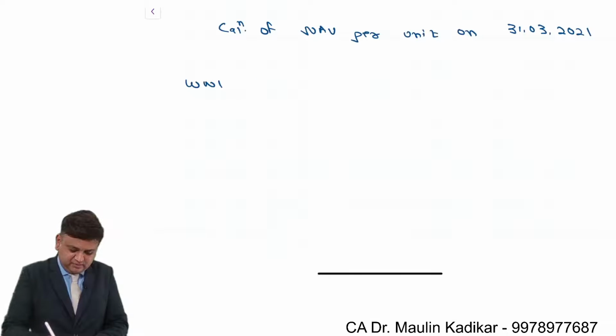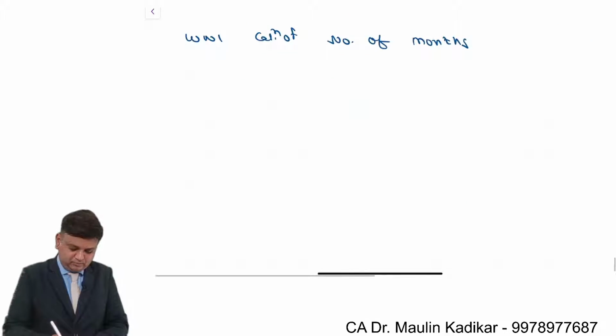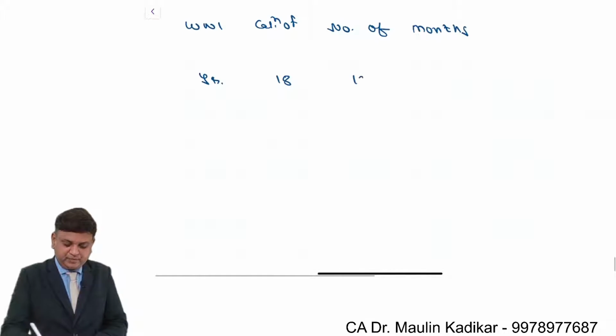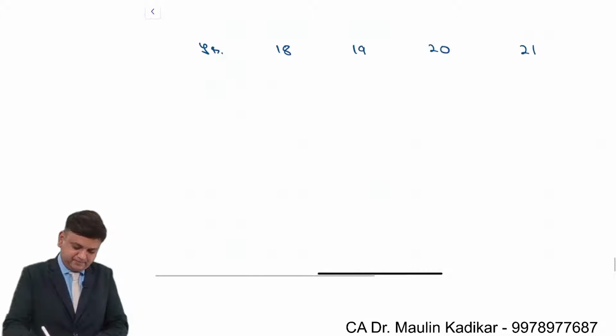Working note number 1, calculation of number of months. Year 2018, 2019, 2020 and 2021.